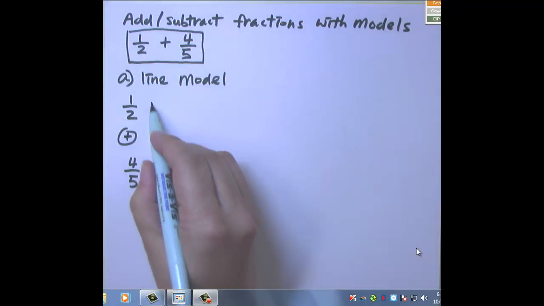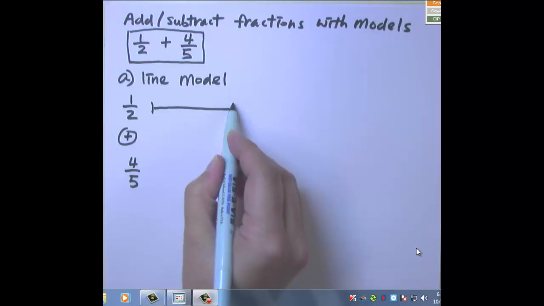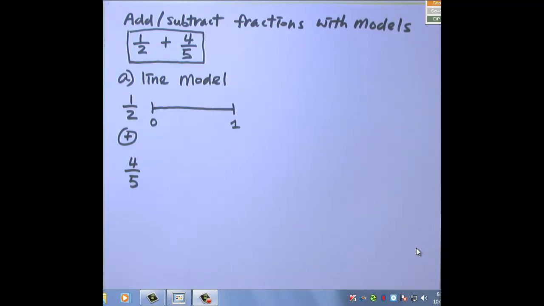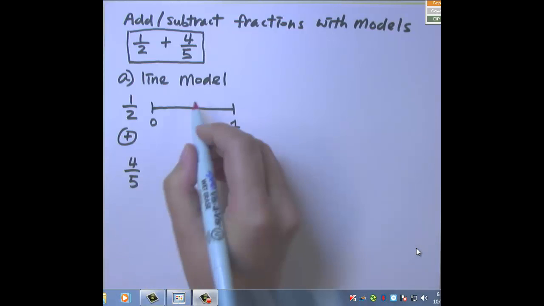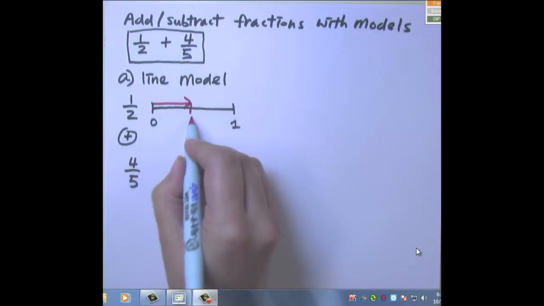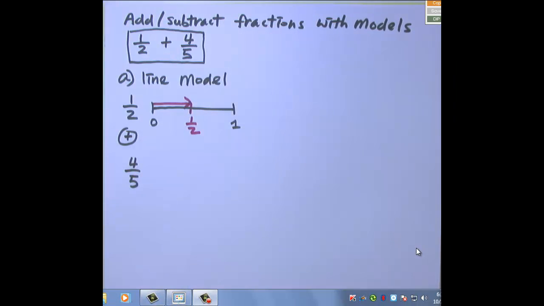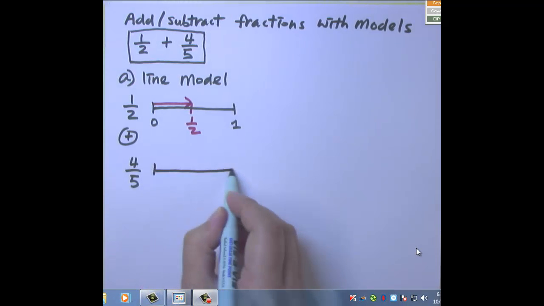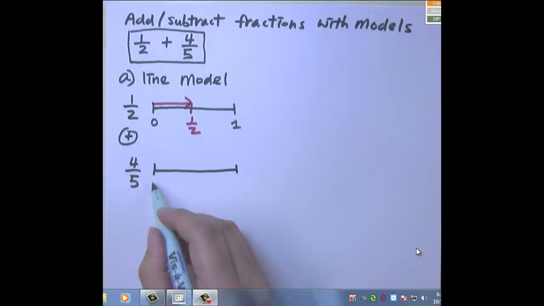So we're starting from 0 to 1 with a line, and we want to divide this line into two equal pieces, so two equal parts, and that would represent 1/2. And the second one, we will try to draw another line about the same length. Try your best.